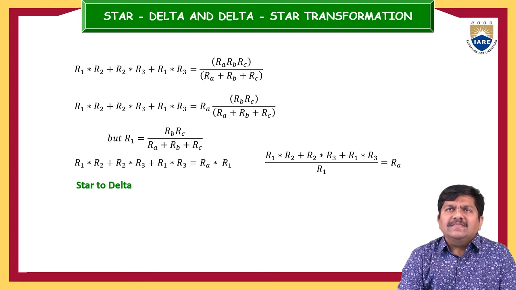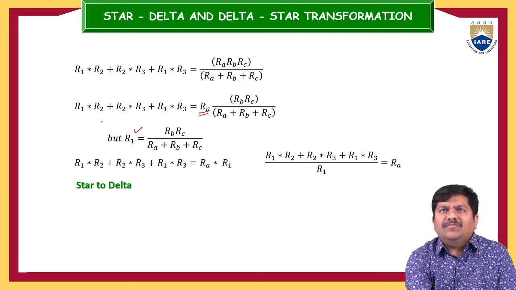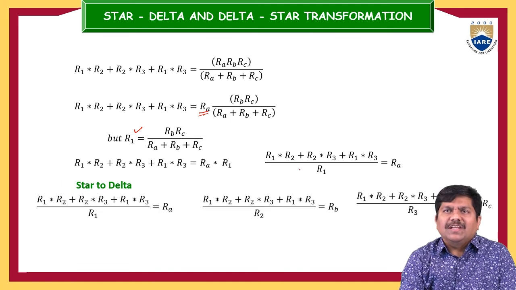So after getting this, if you are taking RA as a separate term, because RB, RC by RA plus RB plus RC is nothing but the equivalent of R1, just substitute that value, and after substituting you can equivalently write the RA value. So RA is equal to R1, R2, the product of these two, then R2, R3, then R1, R3, divided by R1. So this is nothing but the star to delta transformation expression.